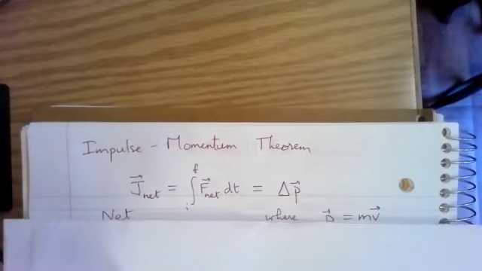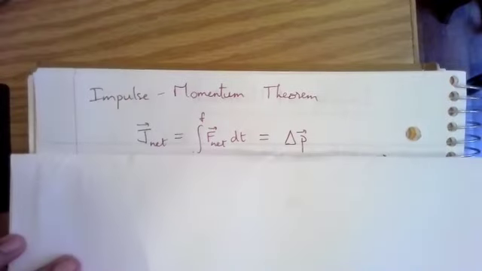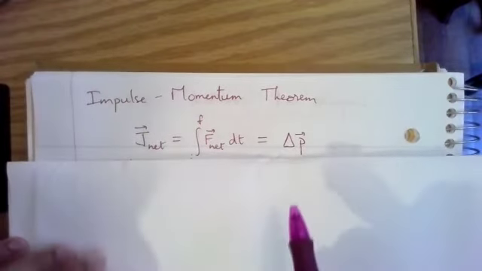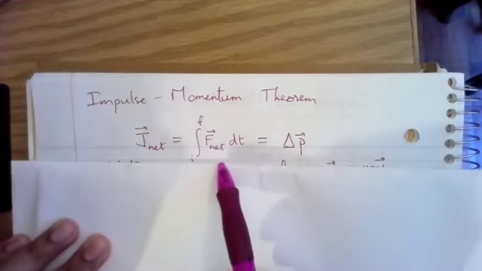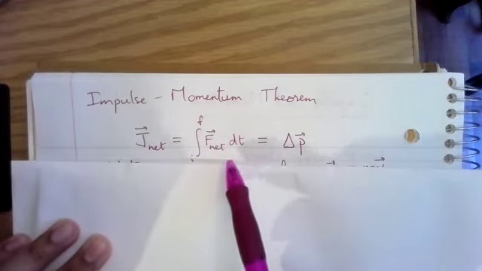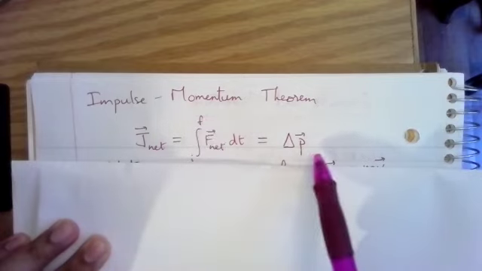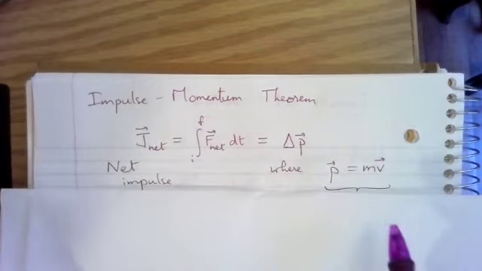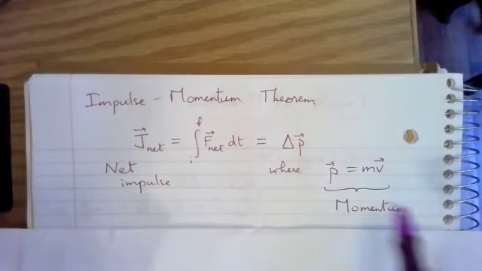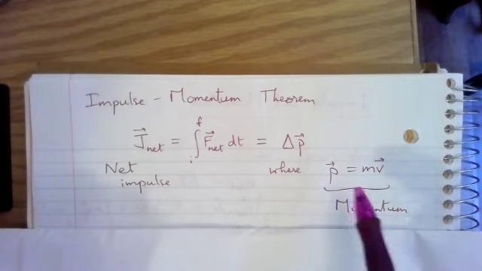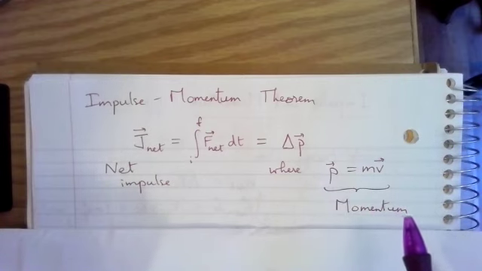To summarize, we have shown that in the impulse momentum theorem, the net impulse on a system, which by definition is the integral of F net with respect to time from initial to final, is equal to the change in momentum, where p equals mv is the momentum. And notice that momentum, like impulse, is a vector quantity.